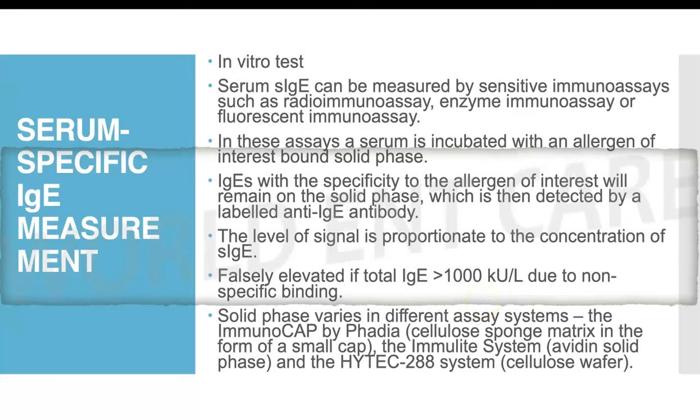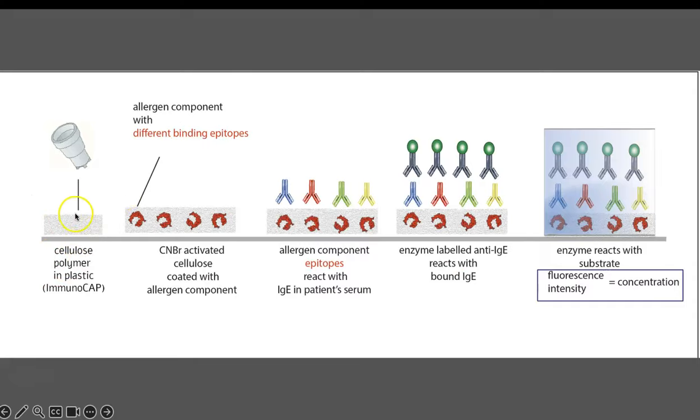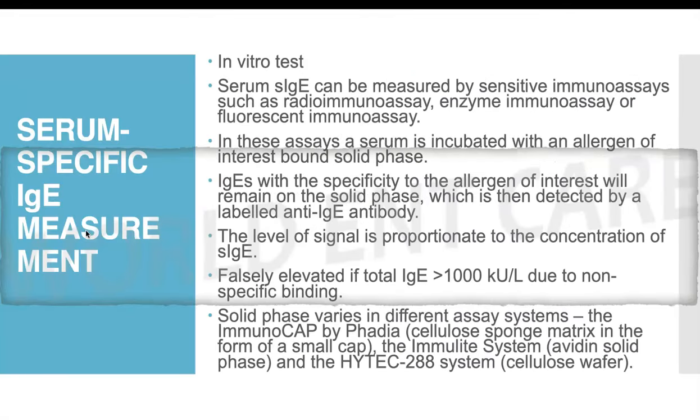So the solid phase varies from company to company. For example, ImmunoCAP, which is by Phadia, has a cellulose sponge matrix in the form of a small cap. This is the most popular company.